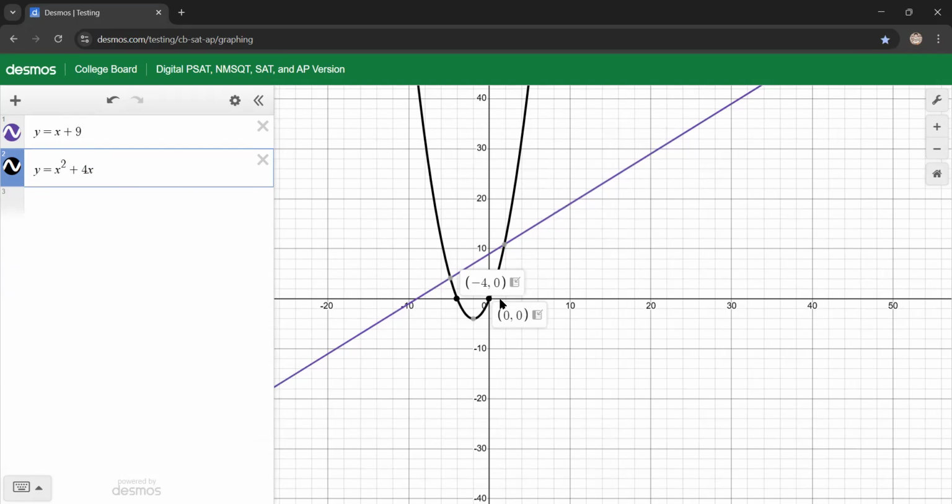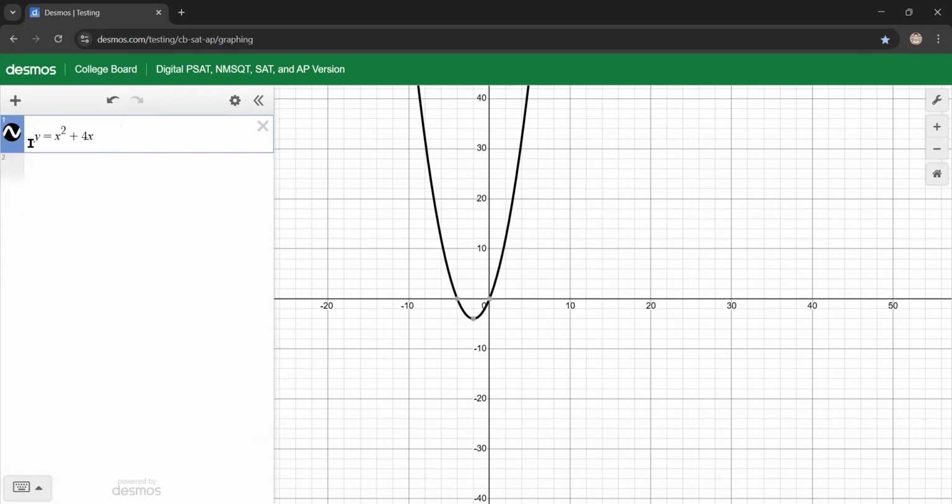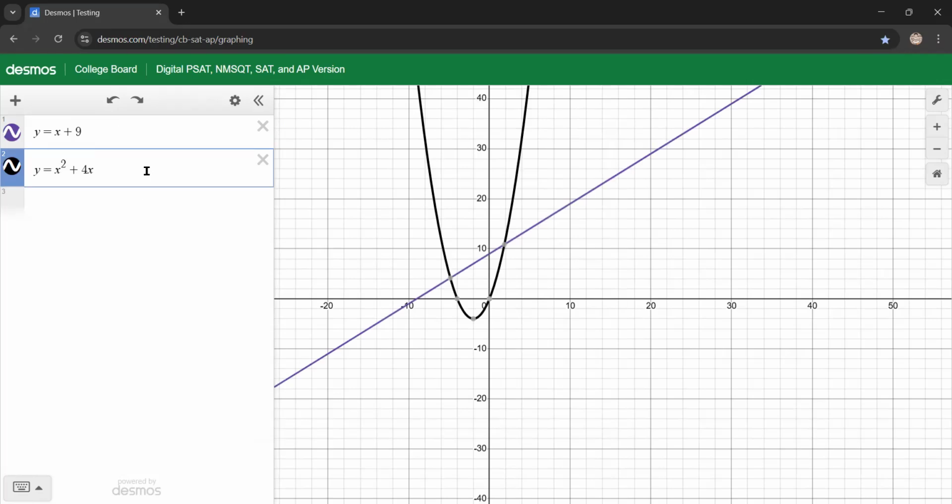So negative 4 and 0 will be your solution in that case. If I'm talking about the solution of this quadratic equation alone, my solution is negative 4 and 0. But if I have a line as well, and I am now talking about the solution of both the equations, my solution is these 2 points.